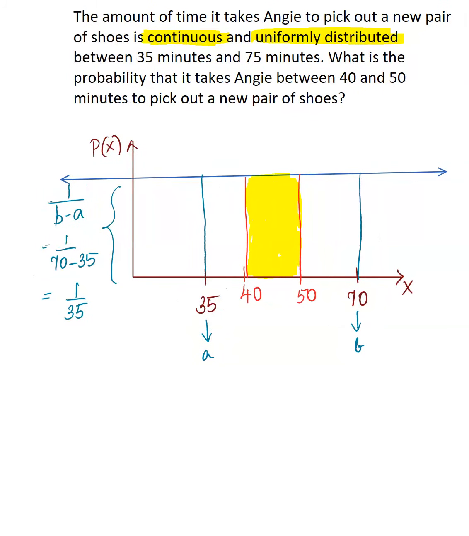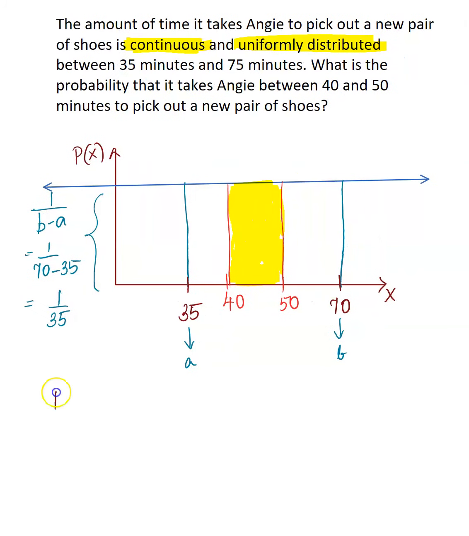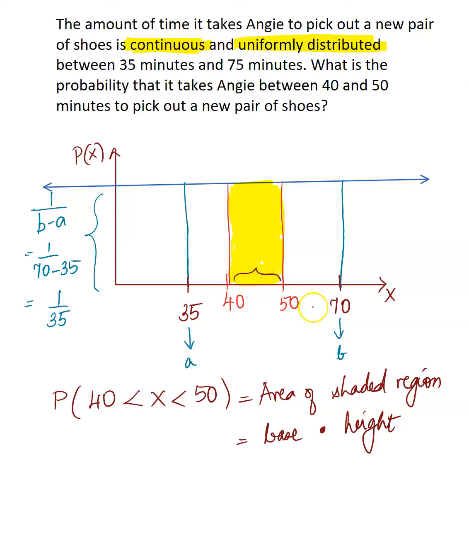So let me come here and say probability of x lying between 40 and 50 minutes is the same as area of shaded region, which is base times height. You know, the shaded region is a rectangle. So the base will be this distance between 40 and 50.